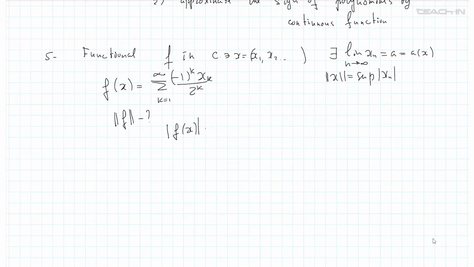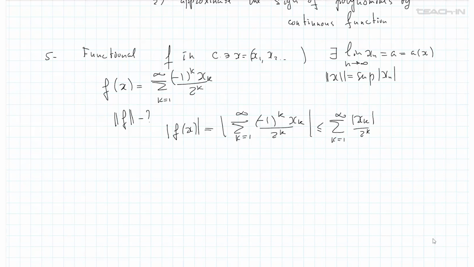When we put the absolute values inside the sum, by the triangle inequality we immediately obtain the inequality. And then we can take away the maximum, the supremum of coordinates. Then we obtain this.